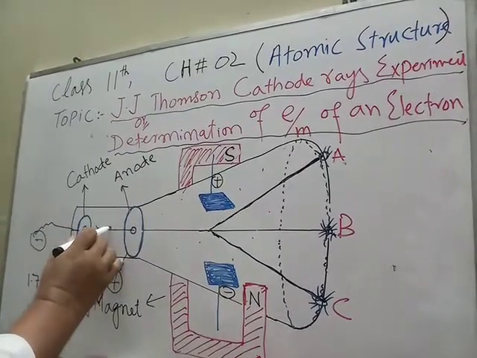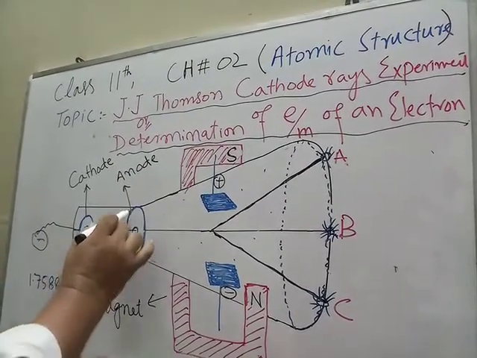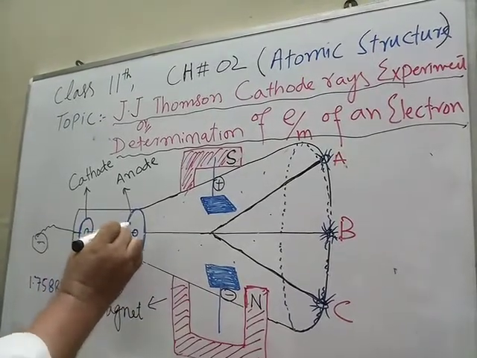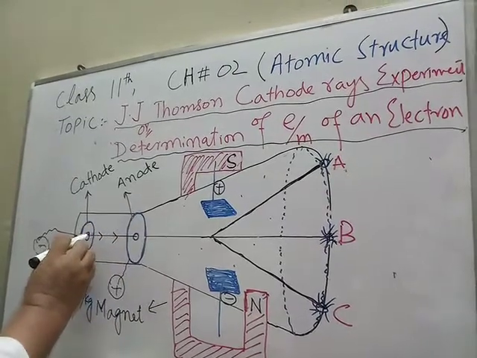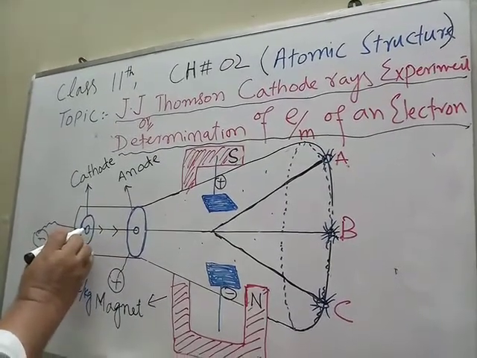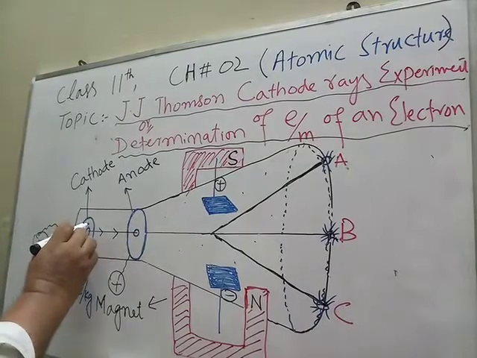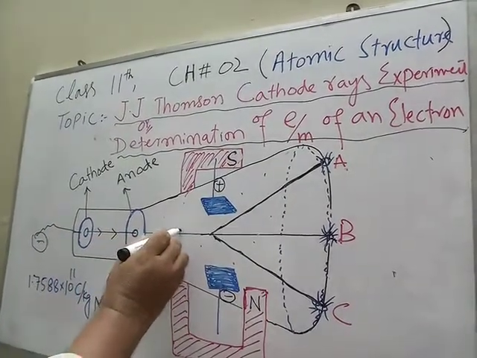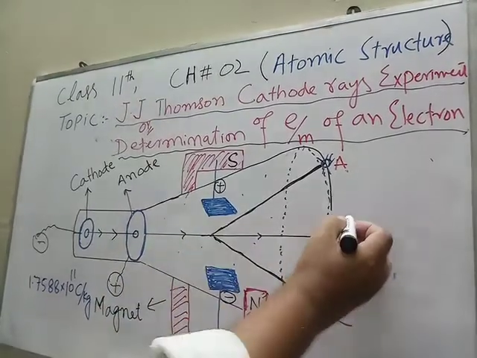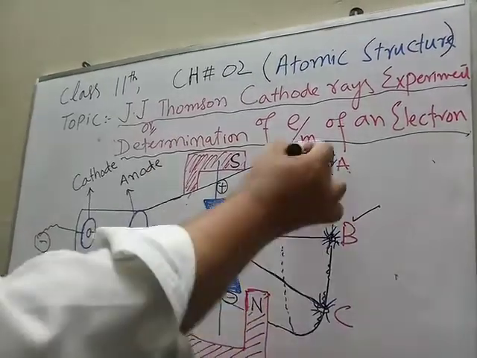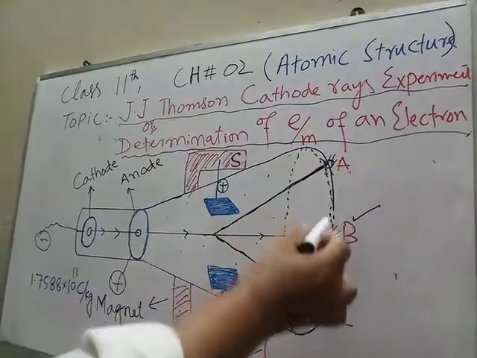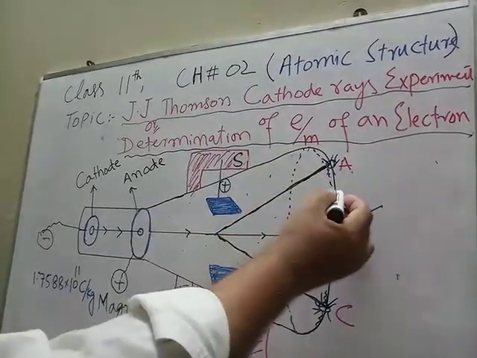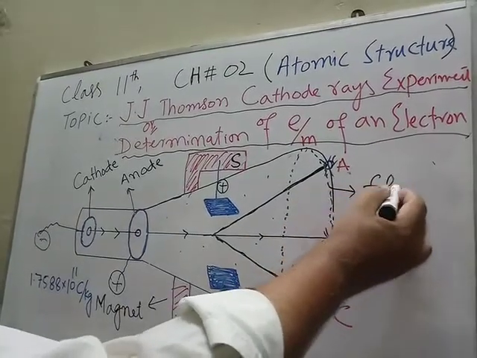From the cathode, there was this anode. There is a slit, or you can say a small pinhole, in the anode. The cathode rays originated from the cathode, passed through the slit, and proceeded to strike the point B. Here is a fluorescent screen that is represented by the dotted lines.